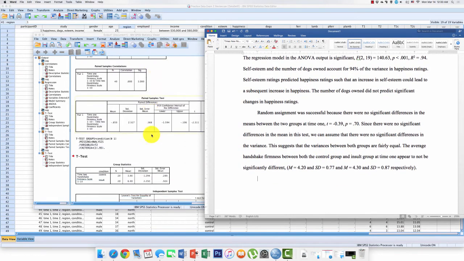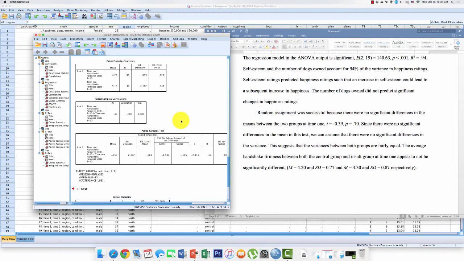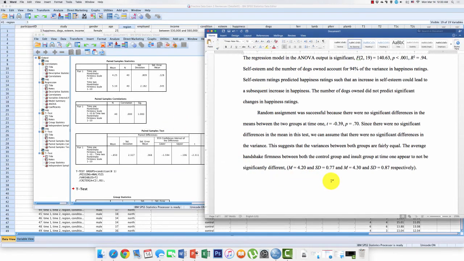We're going to go to the paired samples t-test. And this time we can say there was a significant difference between times 1 and 2 in terms of handshake firmness. Then we're going to include our t value.